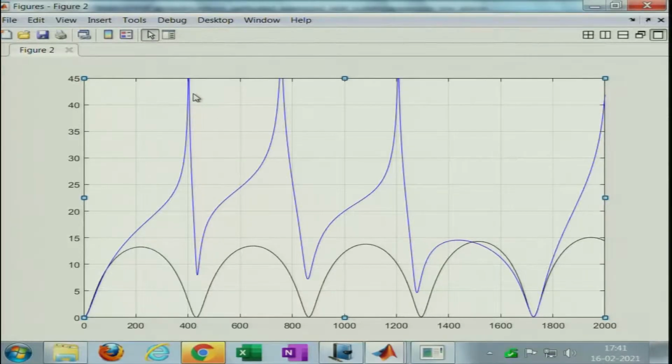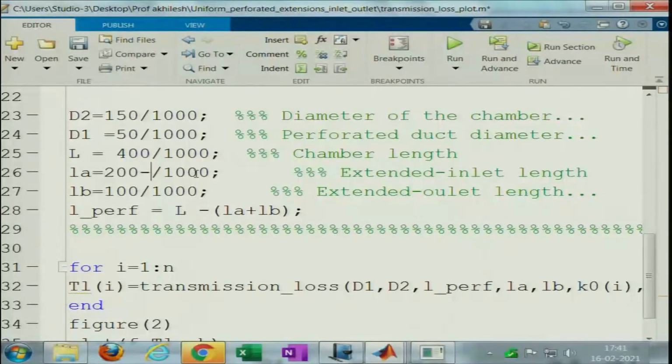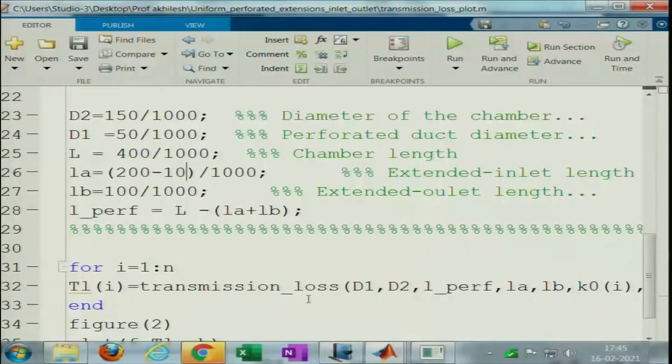So if we were to subtract or reduce the geometric length in such a manner that your net acoustic length will be such that it cancels the trough, then we can sort of uplift the thing. Let us reduce it by a small amount, let us say 10.